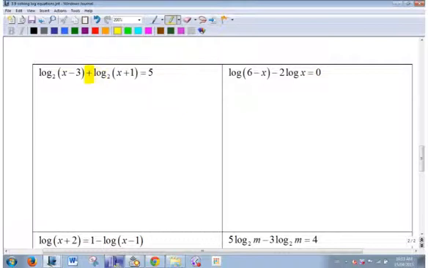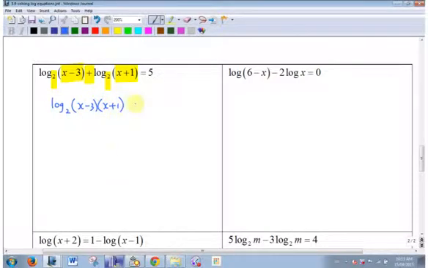Is there a rule up there on the wall? Is it called the multiplication rule? Yeah, same base. This is x. That is y. If they're added, I can join them and multiply them. Same base. That's x minus 3 times x plus 1.